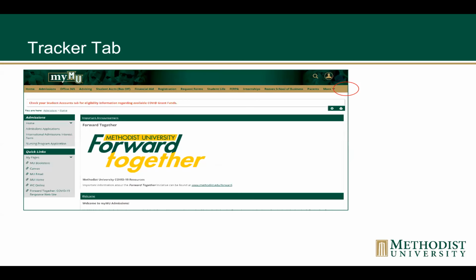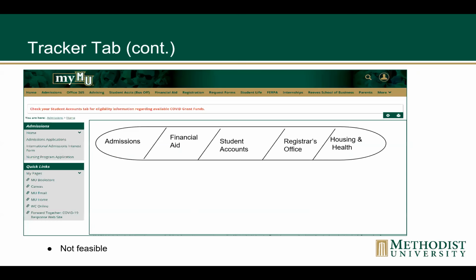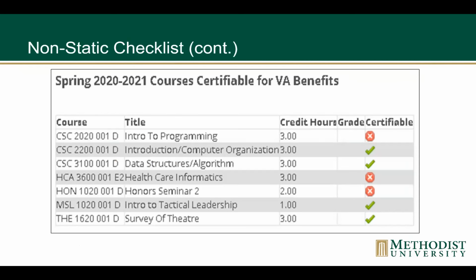Basically, we will put the tracker tab or the checklist here, and then it will show the list like we were talking about, where it would have each department, and you would click on them and it'll bring down a static checklist for each of the departments, showing what you do and do not have, like here.